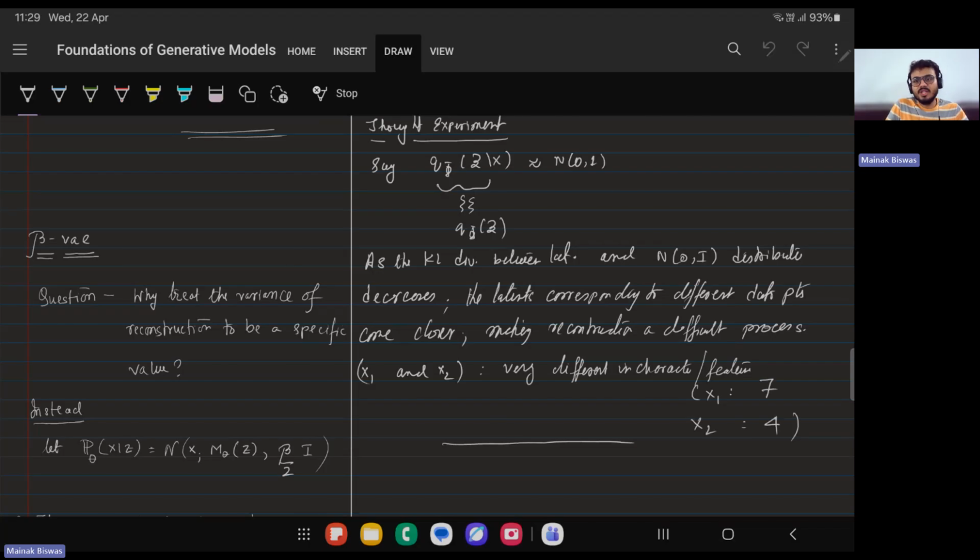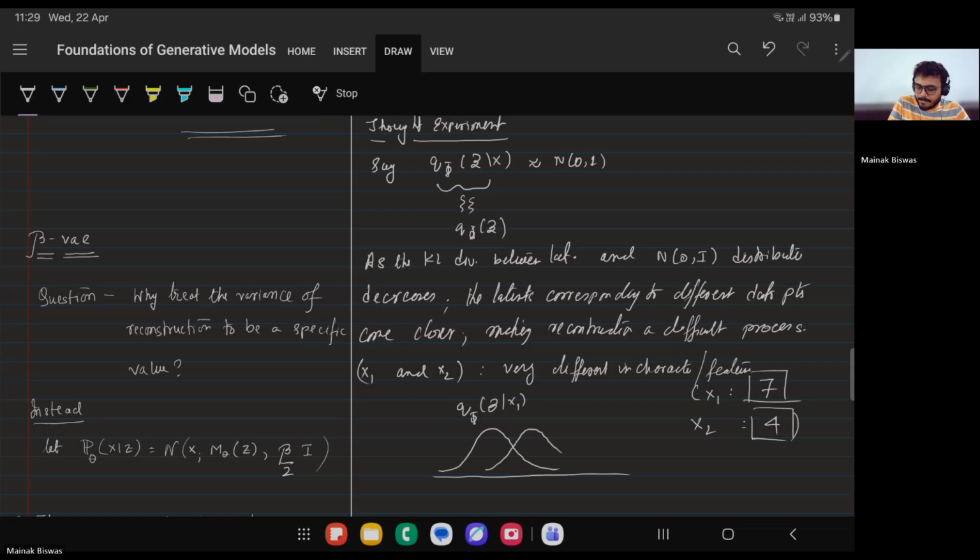So they have different corresponding features. It's an image of the handwritten digit 7 and an image of the handwritten digit 4, right? So maybe when you are training this VAE, you will get a distribution like this: q phi of z given x1. This is a normal distribution because we model the mean and standard deviation. And this is q phi of z given x2, right?